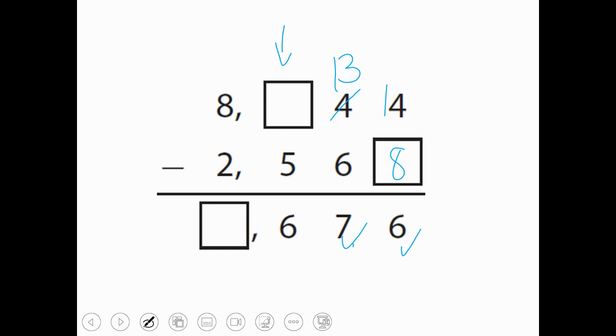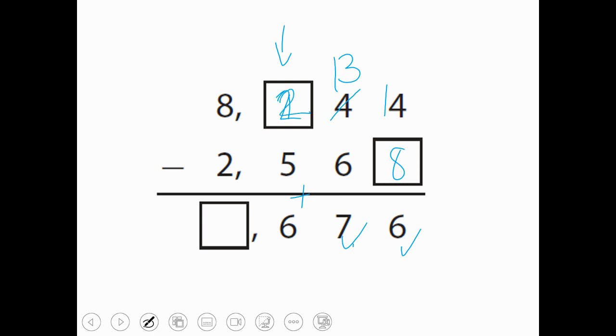My next place value is what number minus 5 equals 6? Well, again, we're going up in numbers, right? So what I need to do is add 5 to 6, and that would give me my answer. So 5 plus 6 is 11, right? Okay, so it would be 11 here, but I know that it actually had to have been 2 to begin with, because they crossed off the 2 and made a 1.